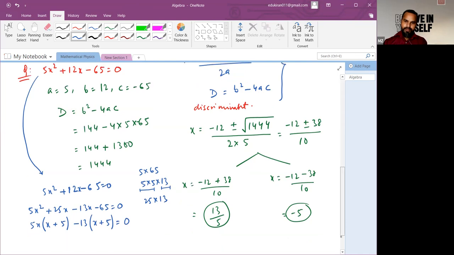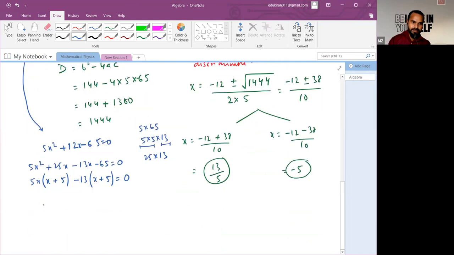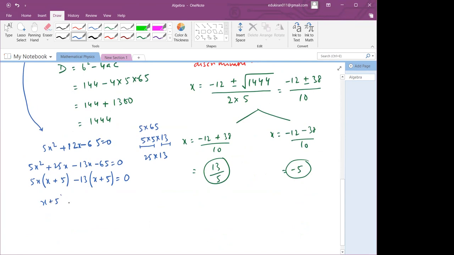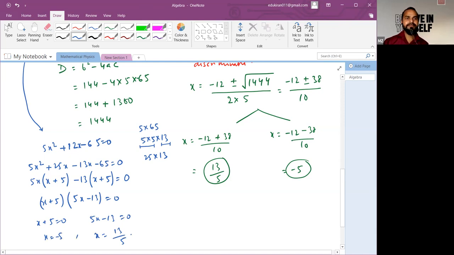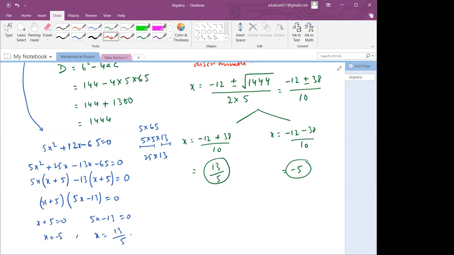Now, if we further take common x plus 5 from both these terms, we're left with 5x minus 13. Just equate each term to 0. So x is minus 5. And if you equate this particular term to 0, x is equals to 13 divided by 5. Okay, sir. Thank you.